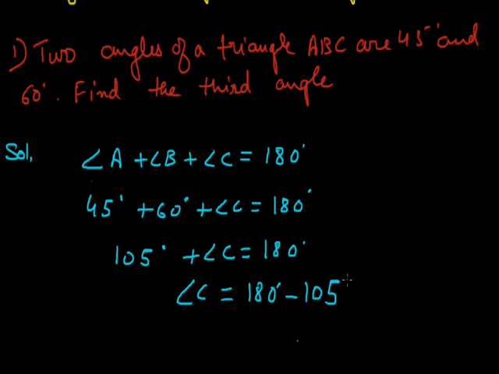So angle C will be equals to 75 degree. In this question, we are given the two angles, that is one angle is 45 degree and another angle is 60 degree, and we have to find the third angle. So we know this angle sum property, we have applied this property to find the third angle.